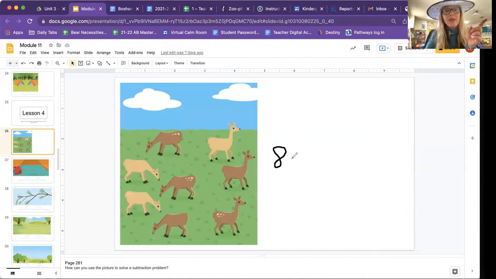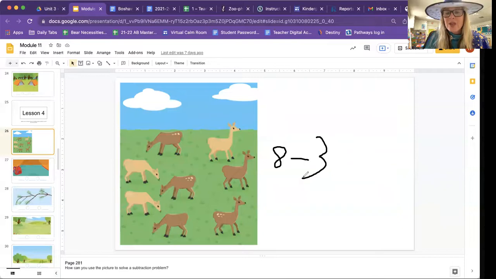And takeaway, am I doing this or am I doing that? Yes, takeaway, we subtract. All right, takeaway, I'm going to use this picture. Here's my story. There were 8 deer grazing in the meadow and 3 deer left. How many are there now? So did you hear that number? What number did I say? 3 left.